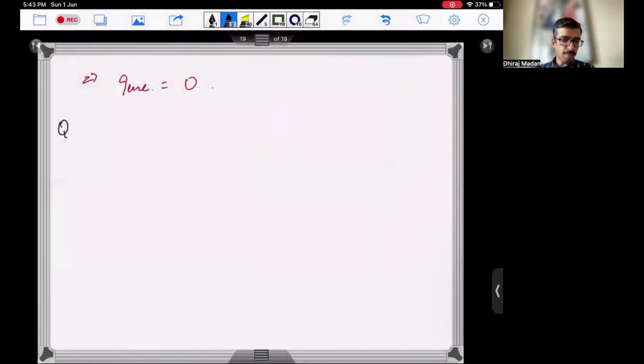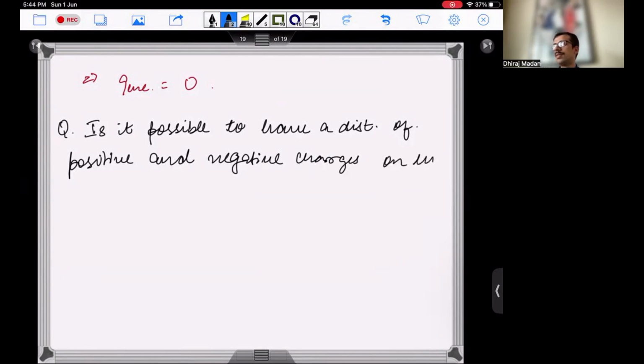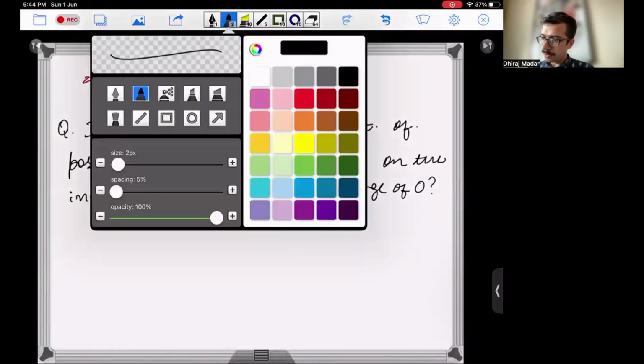Is it possible to have a distribution of positive and negative charges on the inner surface with a total charge of 0? Let's draw it again.